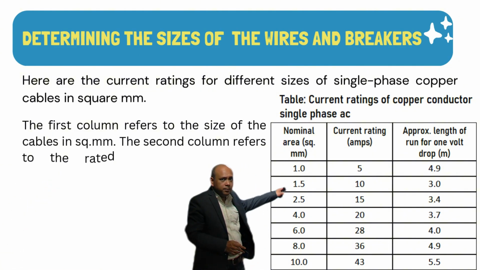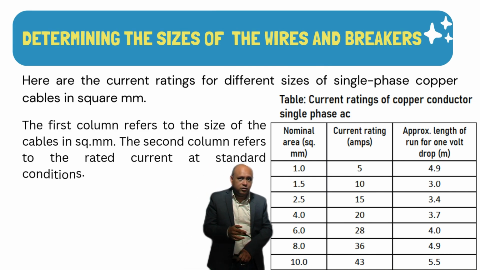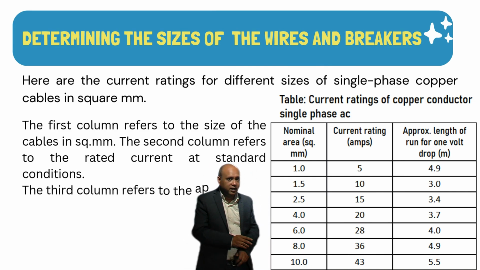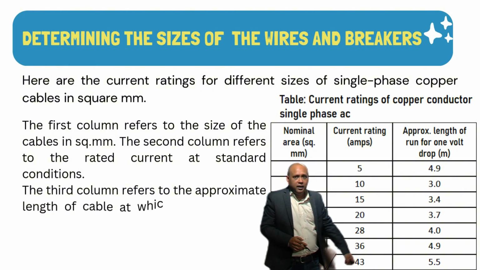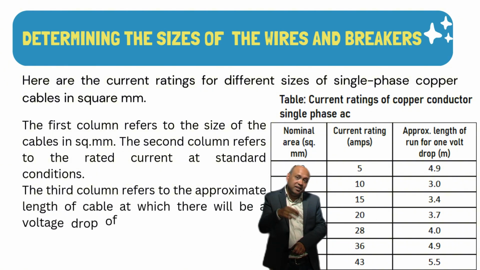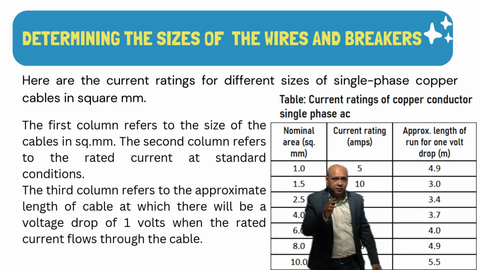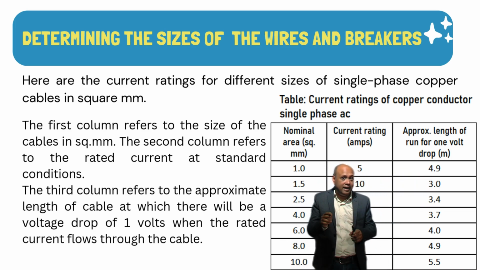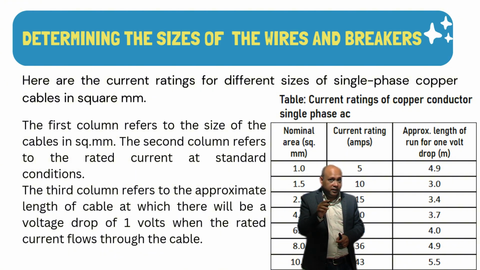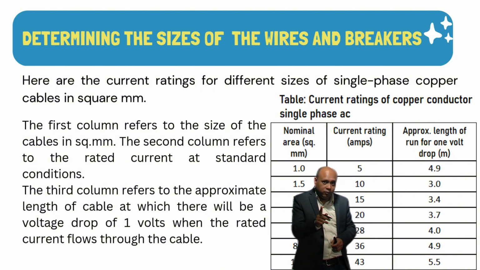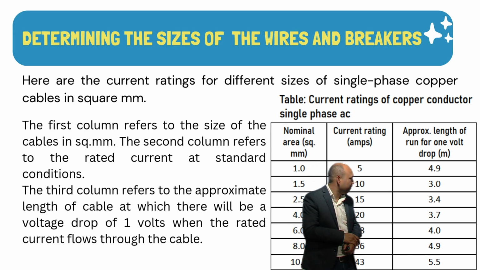The first column refers to the size of the cables in square mm. The second column refers to the rated current at standard conditions. And the third column refers to the approximate length of cable at which there will be a voltage drop of 1 volt when the rated current flows through the cable.